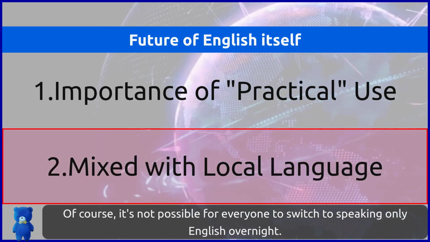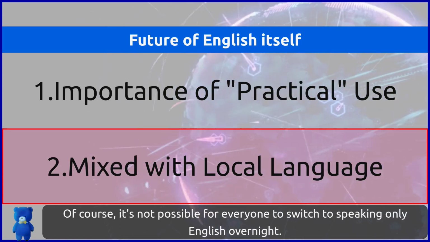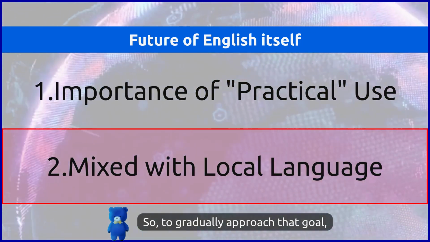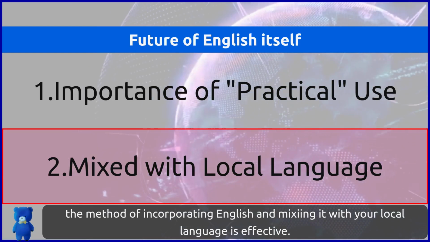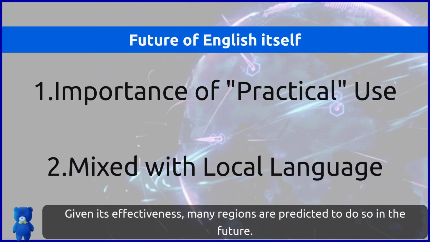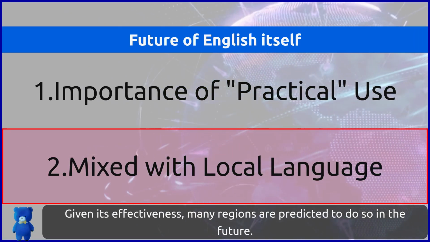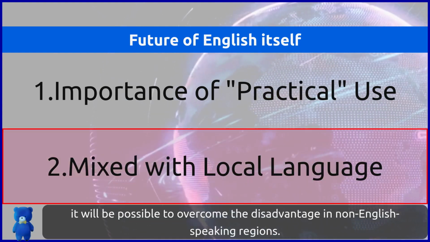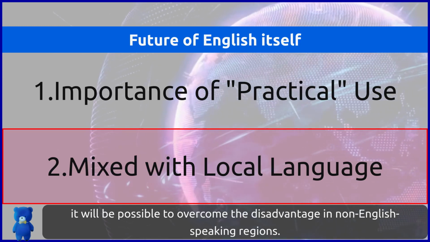Of course, it's not possible for everyone to switch to speaking only English overnight. So to gradually approach that goal, the method of incorporating English and mixing it with your local language is effective. Given its effectiveness, many regions are predicted to do so in the future. By doing so, it will be possible to overcome the disadvantage in non-English speaking regions.